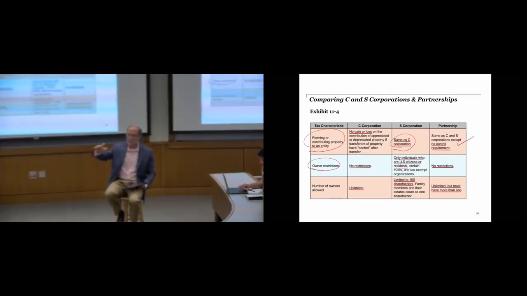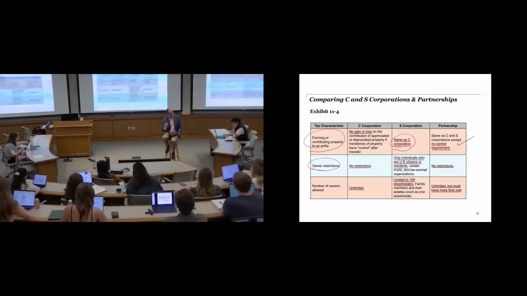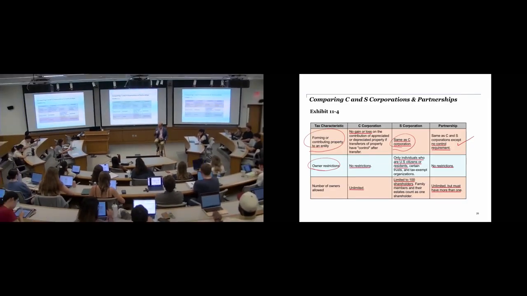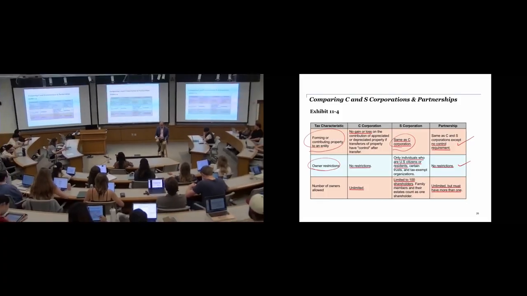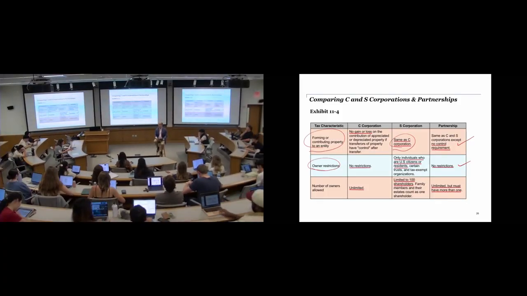But the reason is because we were taking what would otherwise be taxable, because an S corporation is a U.S. corporation, and making it flow through. So we want to capture all of that income in U.S. taxpayers. We're just moving it up a level, but staying within the U.S. tax net. Partnership, no restrictions, right? You can be extremely flexible on your owner restrictions.